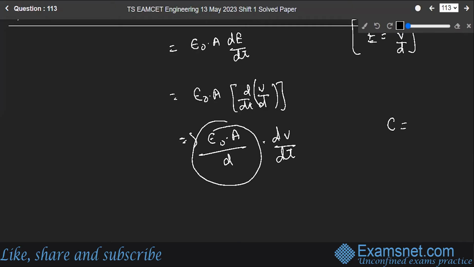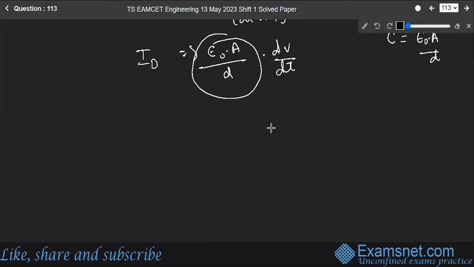You know, this is equal to capacitance, that is C. So your displacement current becomes equal to C into dV by dt, or you have dV by dt is equal to ID upon C.